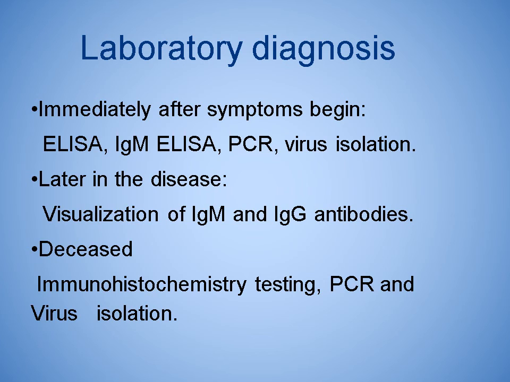The first one is immediately after the symptoms begin, the second one later in the disease, and lastly, when somebody is deceased. We use ELISA, PCR, virus isolation, or visualization of IgM and IgG antibodies. In summary, what that means is that you're trying to identify a specific antigen that causes Ebola.